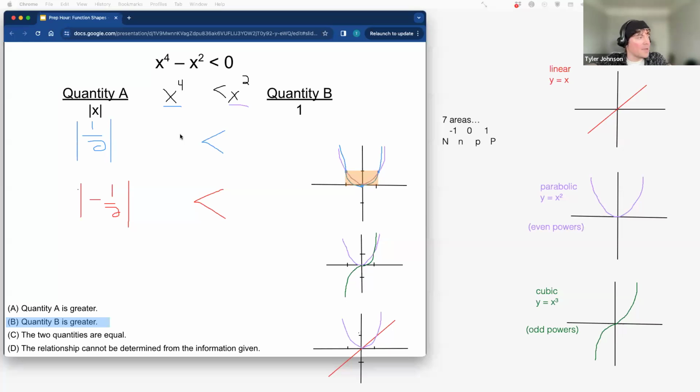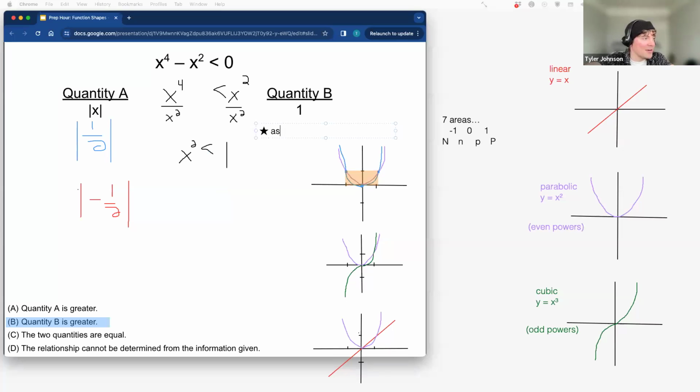And I had someone in the chat mention this, that if you wanted to, you could keep simplifying that upfront information. And at that point, you'd get x squared is less than 1.